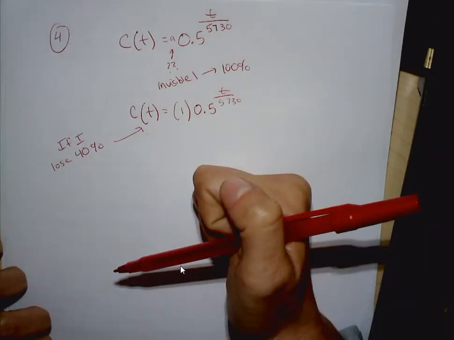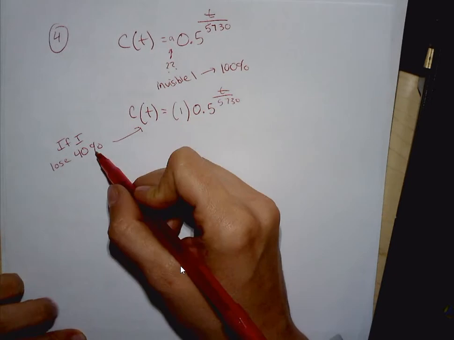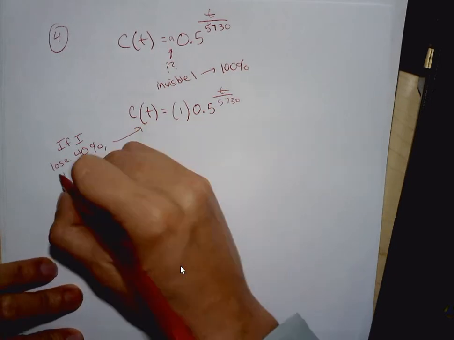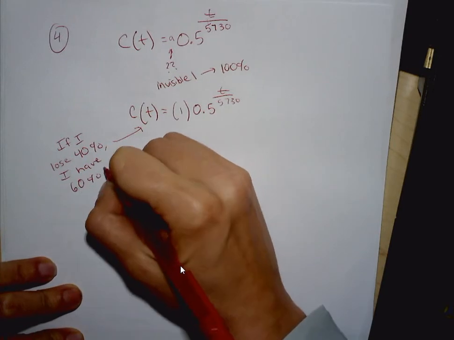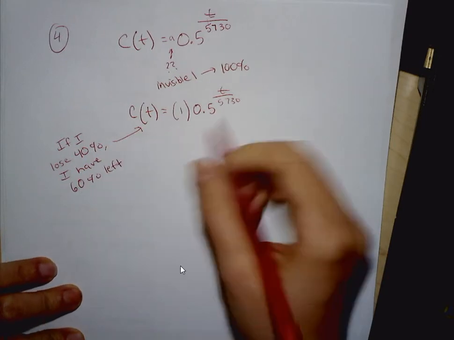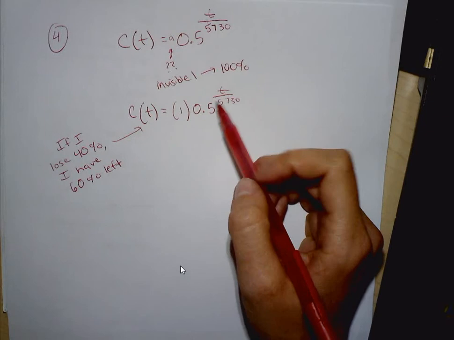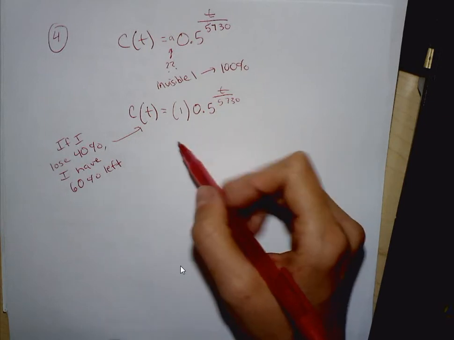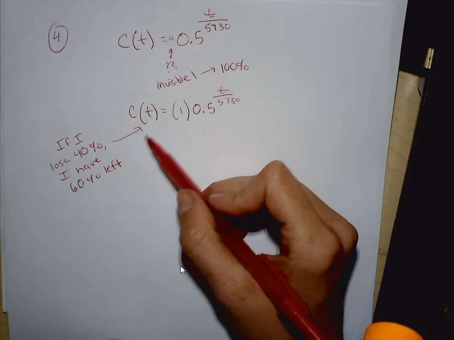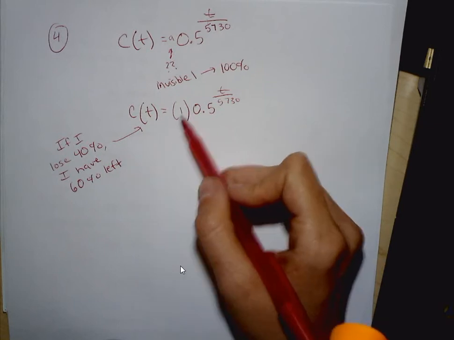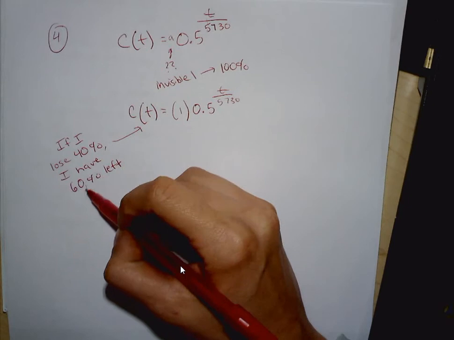So if I lose 40%, I have 60% left. And this is the time to figure out how much carbon I currently have. So that means if I start out with 1, 60% of 1 is, move the decimal place over, 0.6.